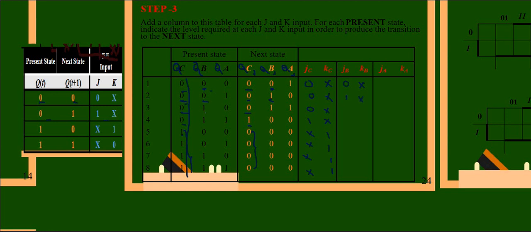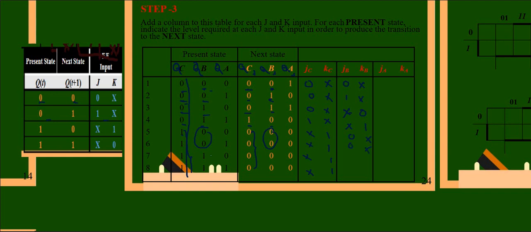In a similar way, it is going from 1 to 1 here. So 1 to 1 is nothing but don't care 0. And then it is 1 to 0. So 1 to 0 is nothing but don't care 1. And for the next state, these two are 0 to 0 only, so 0 to 0 is 0, don't care in these two conditions.